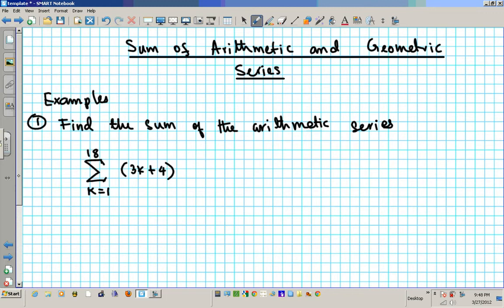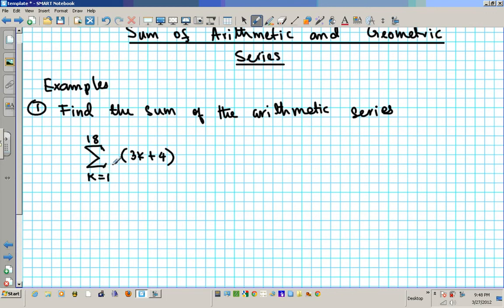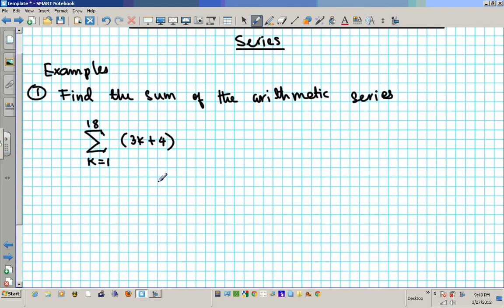This is an arithmetic series written in summation notation, so we just have to decipher the components to input into our formula. So let's write down the formula first.